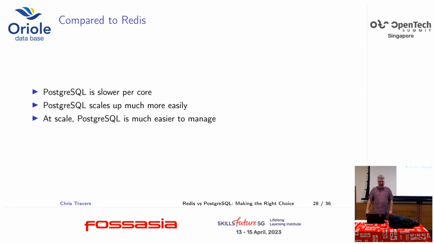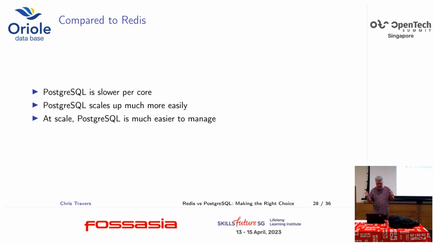So compared to Redis, Postgres is slower per core, and it's higher latency. And this is never, ever going to change, right? Because the architectural decisions mandate that. But Postgres scales up much more easily than Redis does, and much more cheaply than Redis does. Okay?